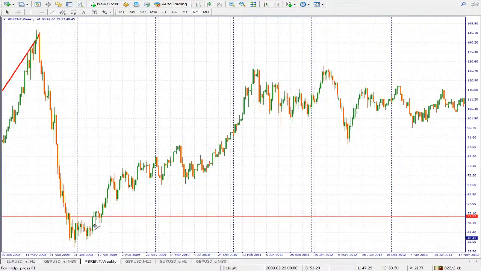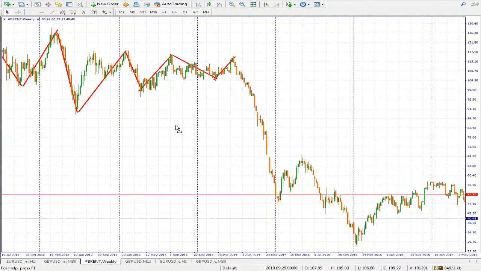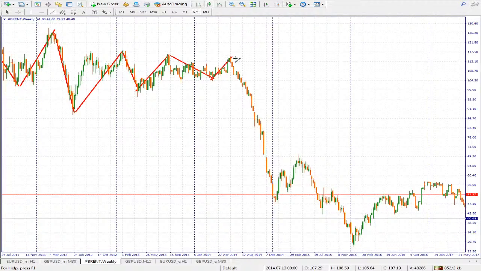After that it continued up, it came back down, and then it continued up, down, and then we continued up somehow. So there's a reason I'm drawing all these zigzags. They are very useful. I'm going to tell you exactly how we can use them. We have that as a correction, and then there's the next move to the lower side. Then we have another move upwards. Then just in the course of 2014, there was this massive decline.